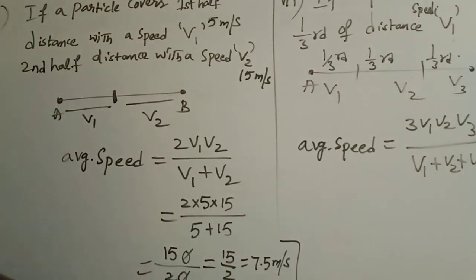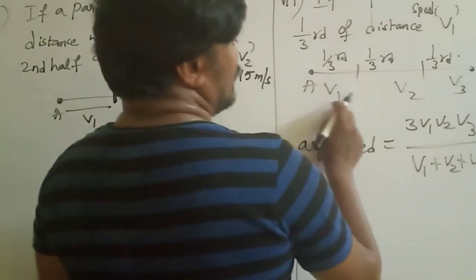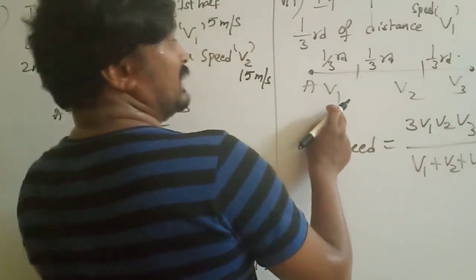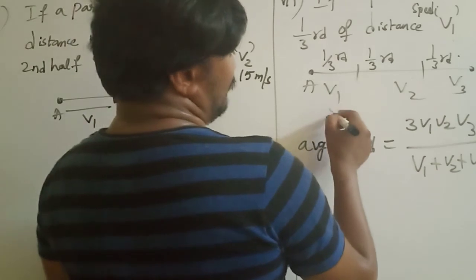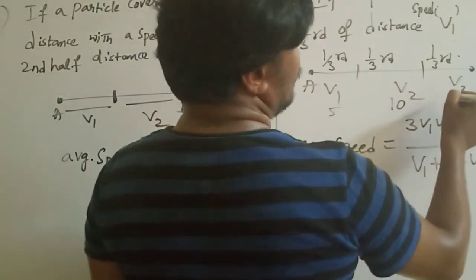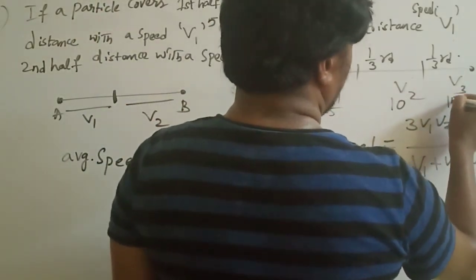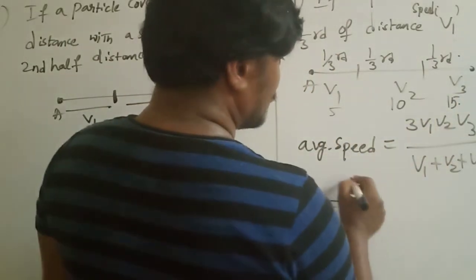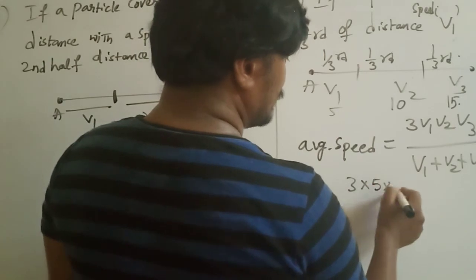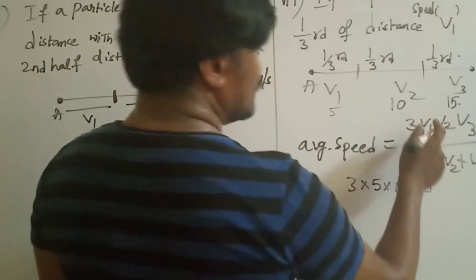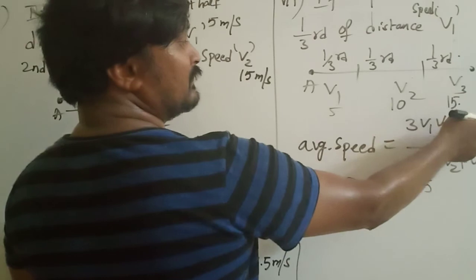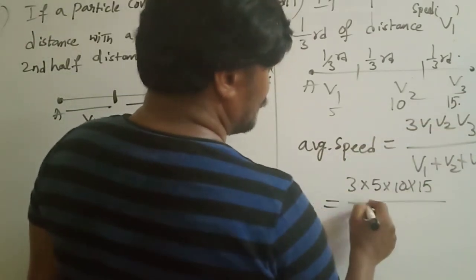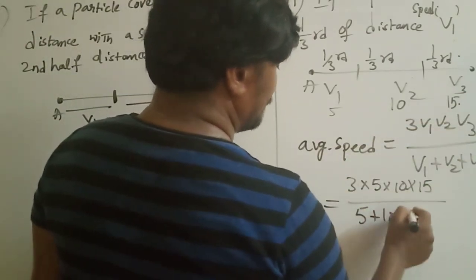Same method here also. For the 1/3 case, the speeds may be given as 5, 10 and 15. Then how to solve? Again same method: 3 into 5 into 10 into 15, because v1 is 5, v2 is 10, v3 is 15, upon 5 plus 10 plus 15.